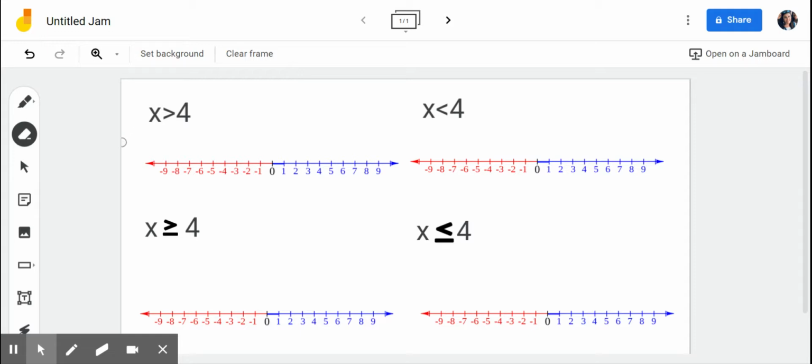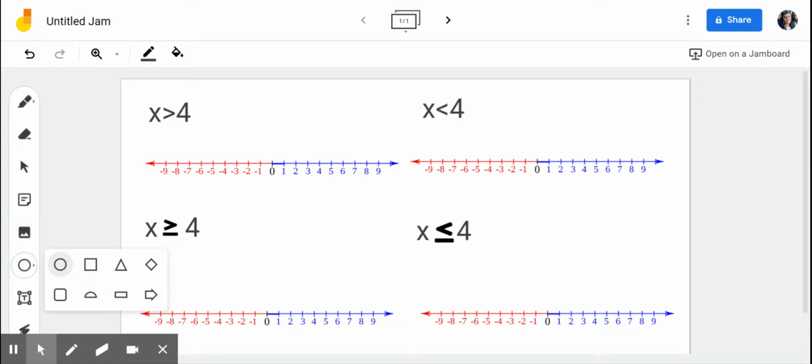Now that does not include 4, but the way that we show this is by starting on 4 but not including it. So if you have something like x is greater than 4, you're going to have an open circle on 4. We're not including it, we're just showing that that's where we're starting. Open circle on 4.